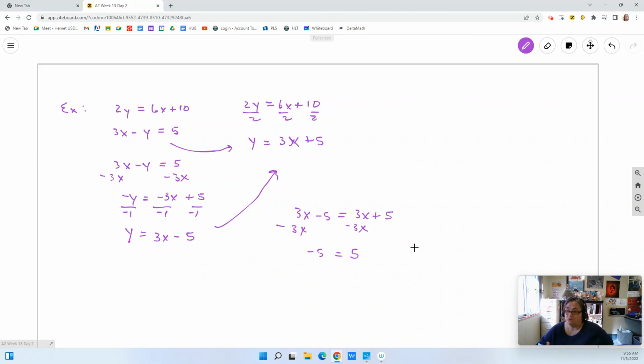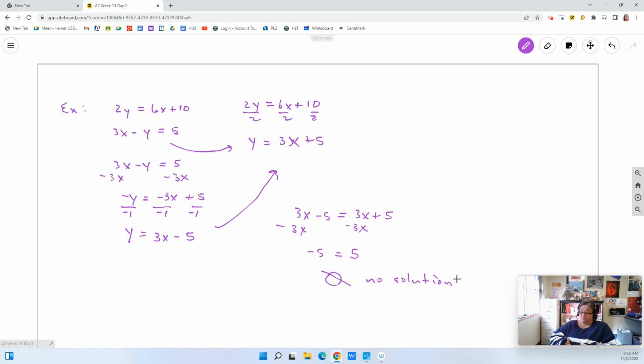Never can that be true. We would just say there is no solution, right? We write it like that. We could say no solution. Any way you wanted to put that, you would show it, but you have to show me why there's no solution. Do you have any no solution problems on your worksheet?